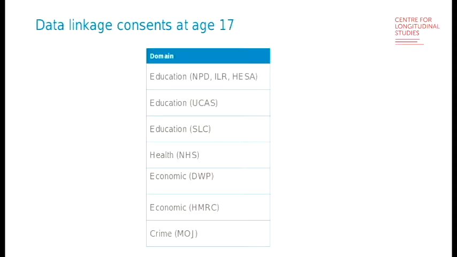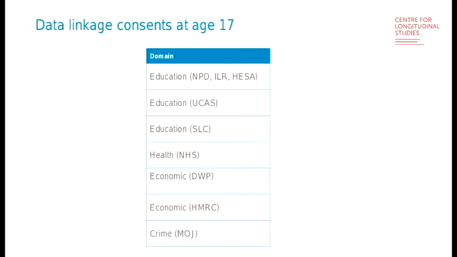So first of all, one of the main features of this sweep was data linkage consent. So we've gone to ask the cohort members for consent, now that they're 17. And we're looking at a number of different areas that we want to link administrative data to. So mainly educational. So we've got things like the National Pupil Database, the Individualised Learner Record, and Higher Education Statistics Agency. So getting permission, if they consent, to link to that.